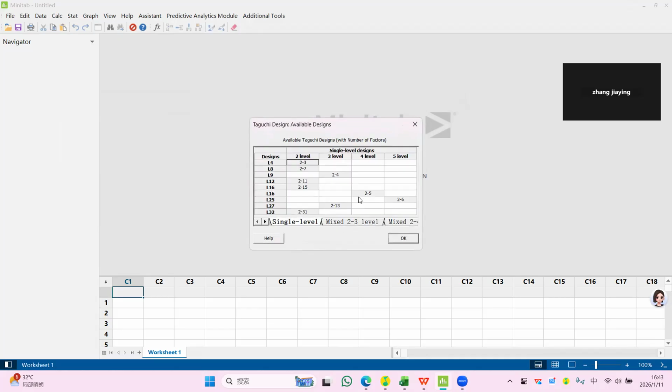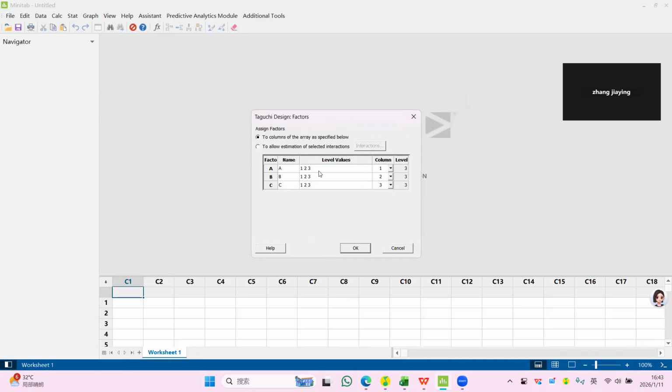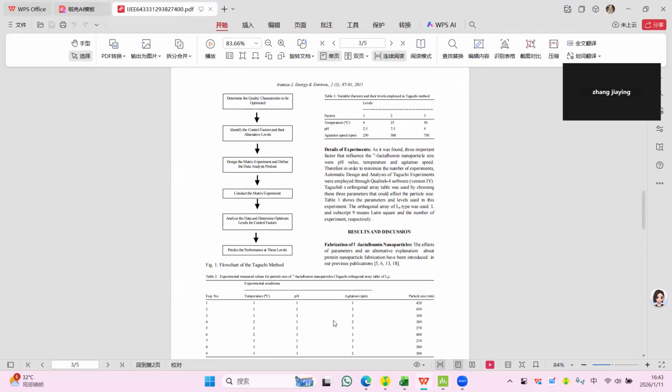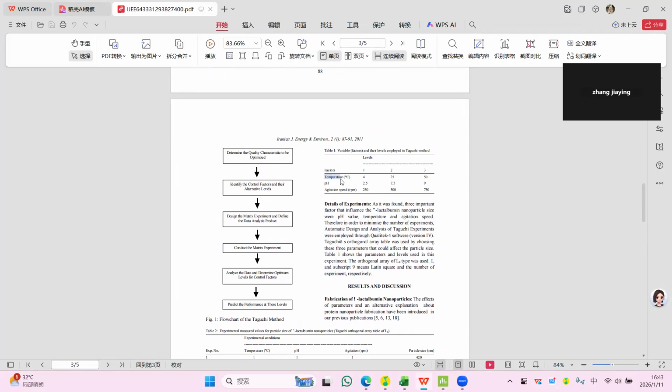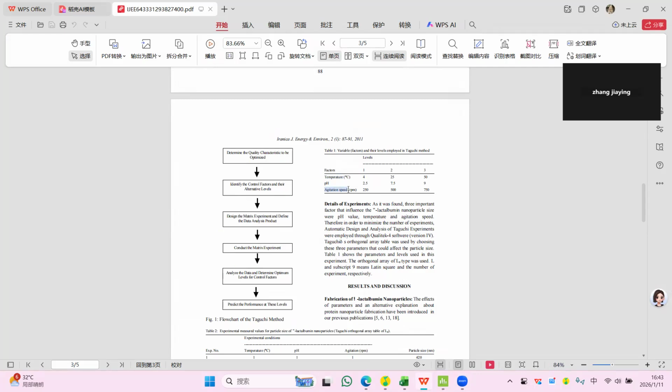Choose this one. L9, 3 level. Factors. The factors are temperature, the pH, and rotation speed.